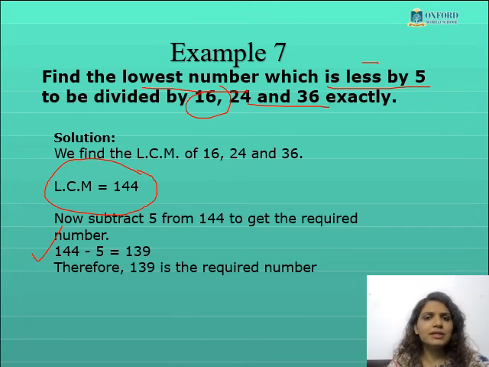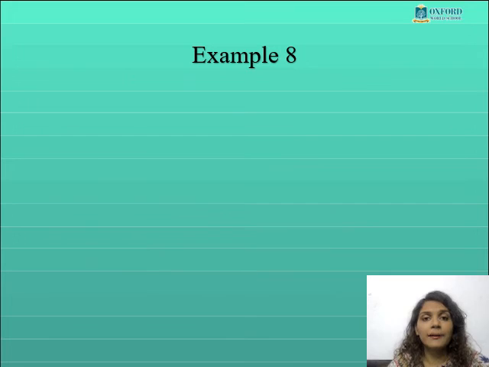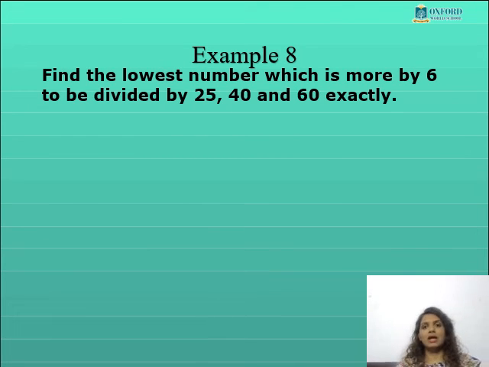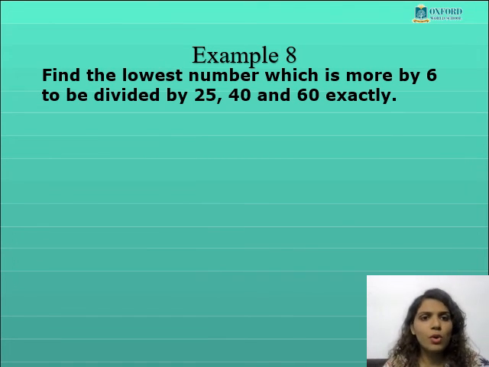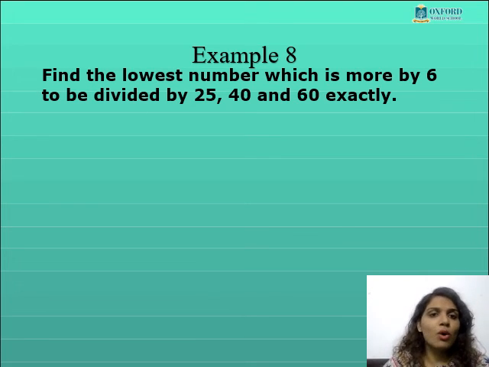Now, coming to the next example that is almost similar to this one. I just want you all to try this question. It's easy, but the only change is that it is not less than. You don't have to find the lowest number which is less by 5 or 6, but more by 6.